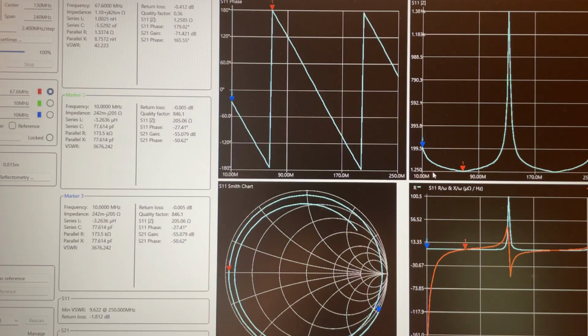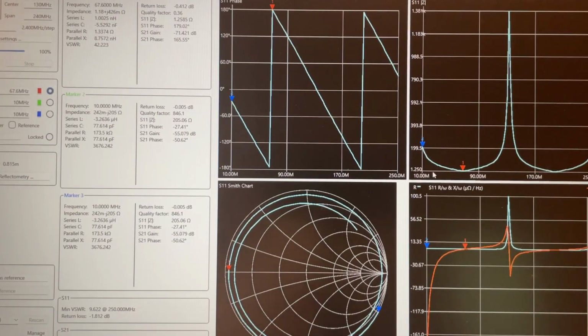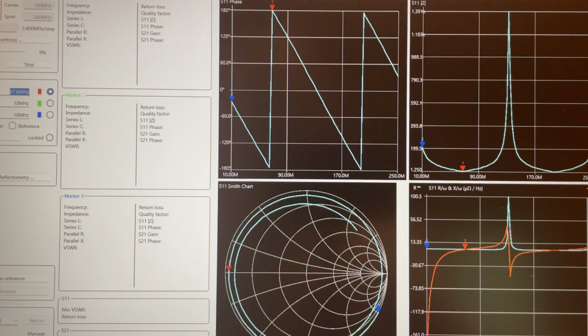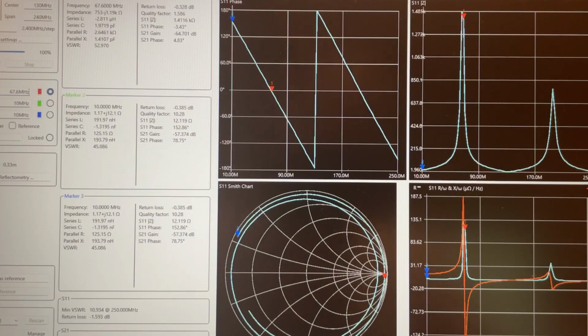Now, if we go ahead and short the output, which I'll do right now, off camera, just putting this short at the end of the cable, and we sweep this again. Okay, what do we see? We see at 0 degrees phase angle, which is right there, that now the impedance is measuring 1.49 kiloohms.